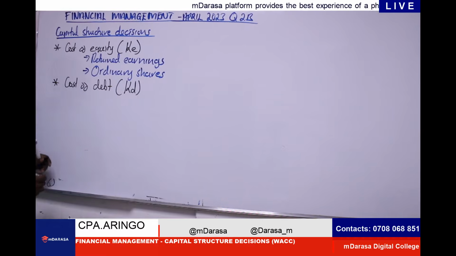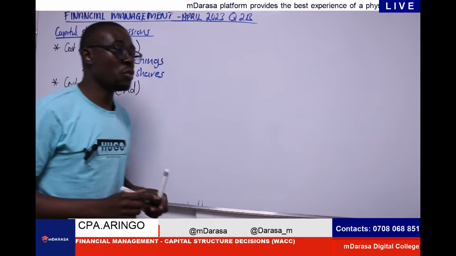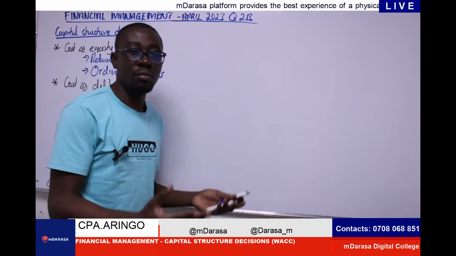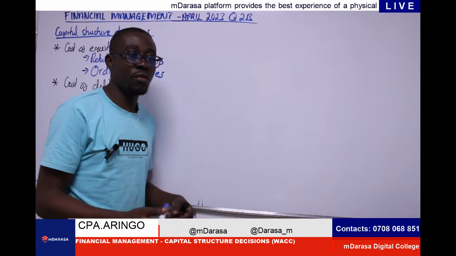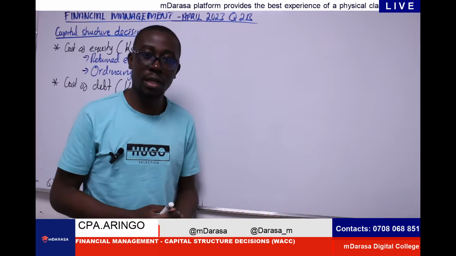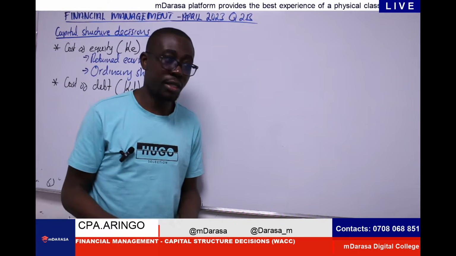It is also very important to understand that we'll be talking of the debts that can be redeemed and those debts that cannot be redeemed in future. So therefore, it is vital that you should recall what we did about the redeemable debt and irredeemable debt.